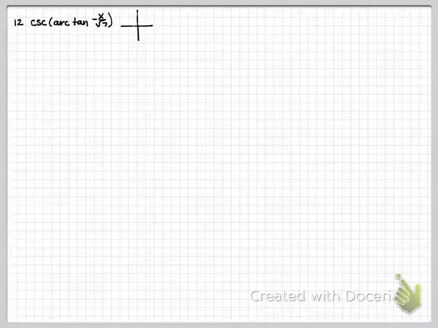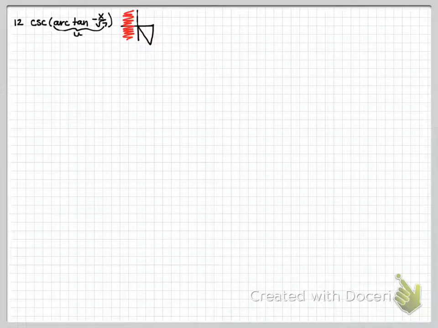Tangent is restricted to the first and fourth quadrant, so we can't have these two. So tangent's negative in the fourth quadrant. Again, I'm going to make this equal to u. So that's my angle. So the tangent of u equals negative x over square root of 7. Tangent is opposite, so negative x over adjacent, square root of 7.